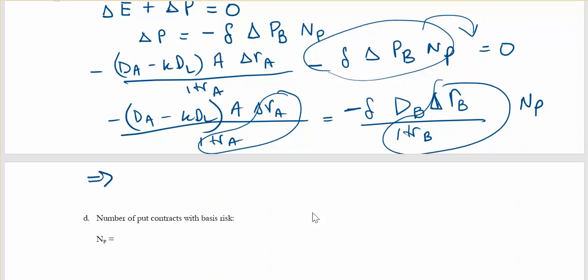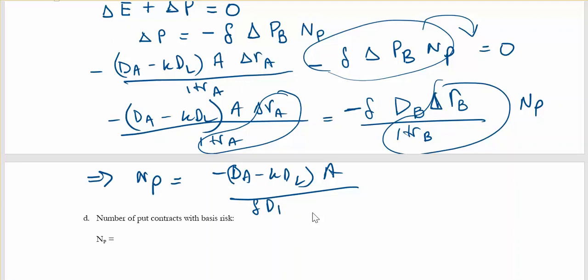Of course. So we rearrange the formula and we get this formula that looks very much like the solution for the number of futures contracts, except we have this delta term.